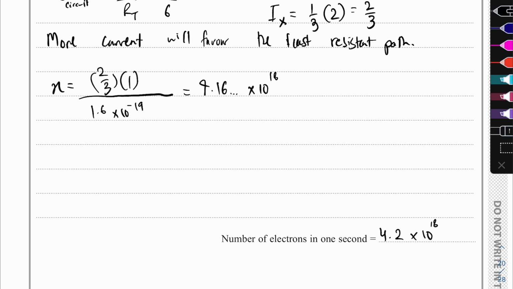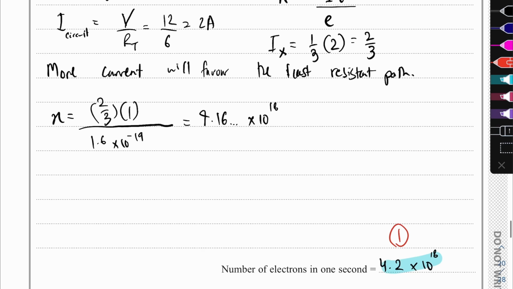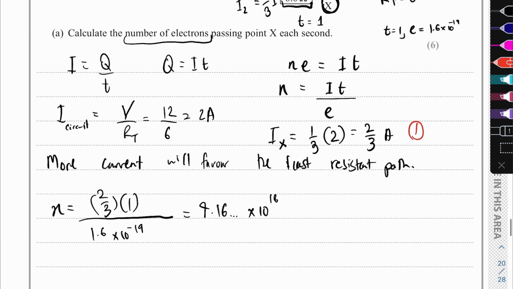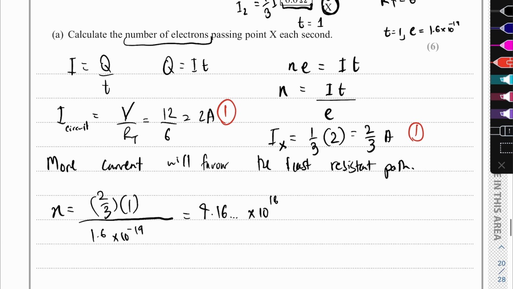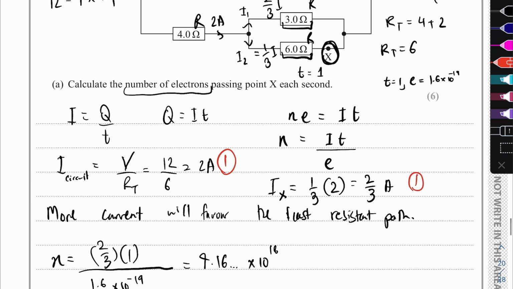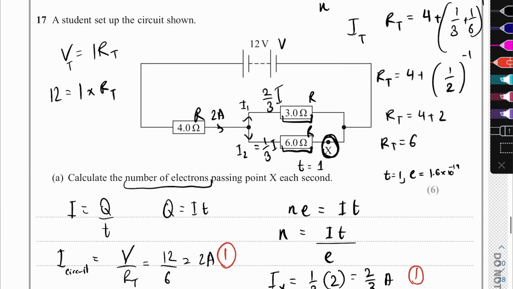So now let's look at the marks. Obviously 1 mark for the answer. Then 1 mark for getting that I X is 2/3 amps. 1 mark for calculating the circuit current. 1 mark for calculating the parallel resistance.